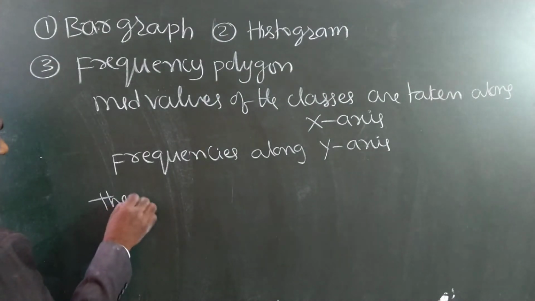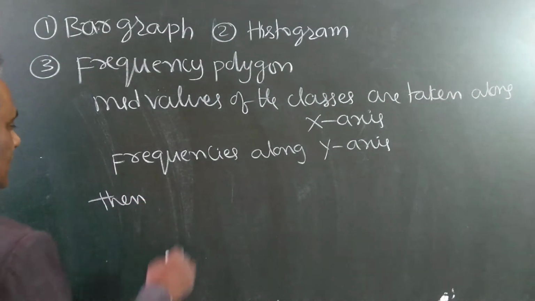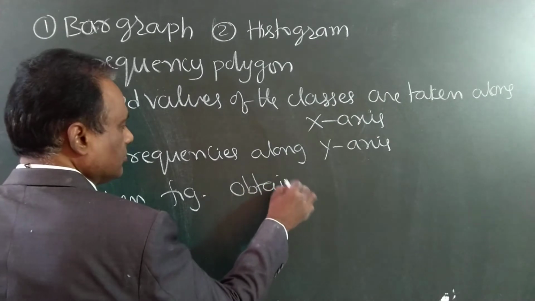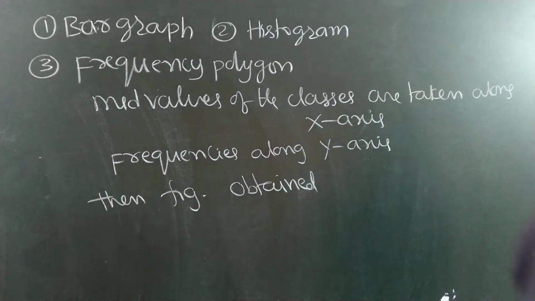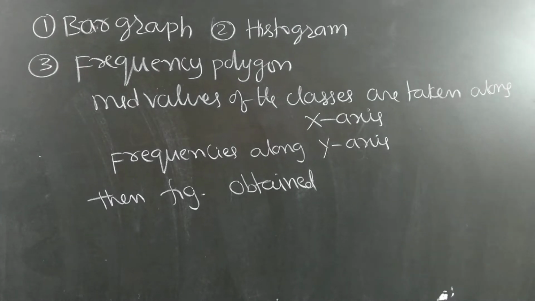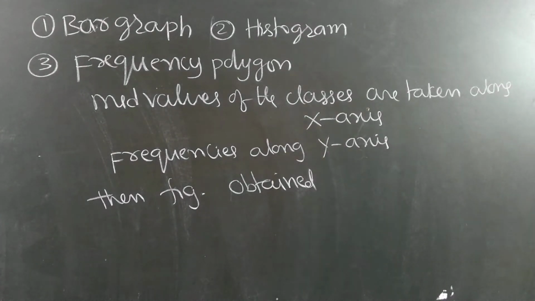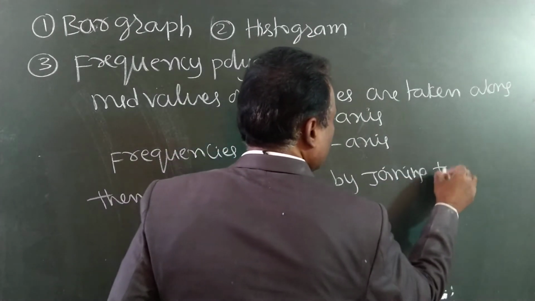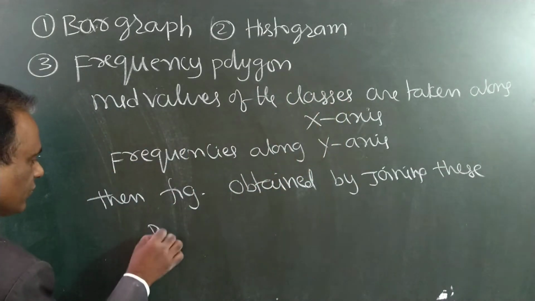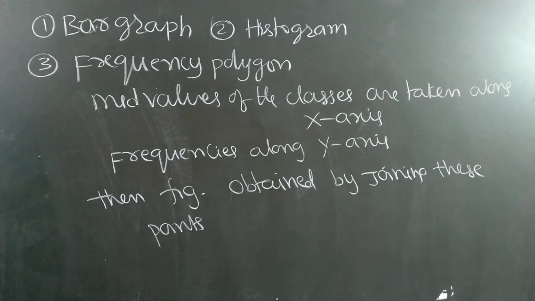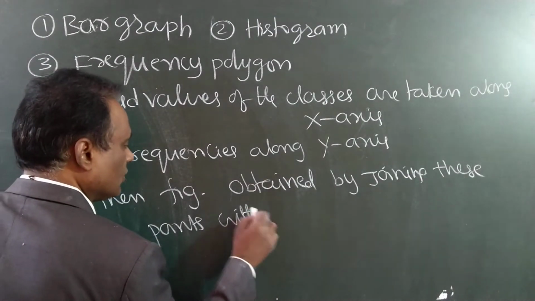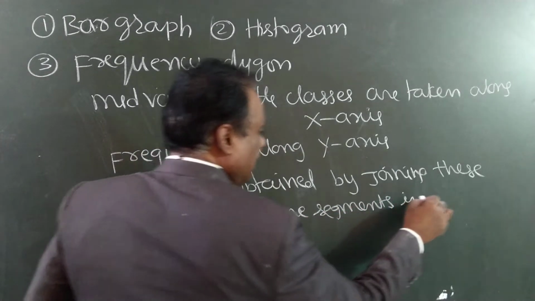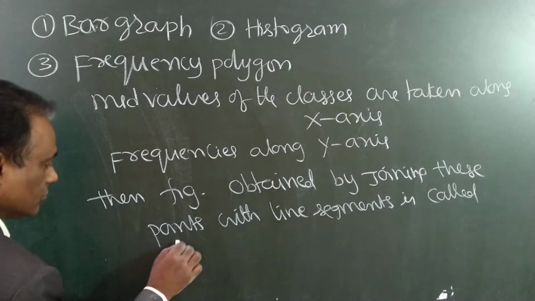Then the figure obtained by joining these points with line segments is called frequency polygon.